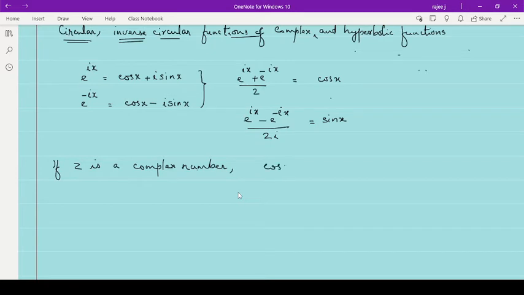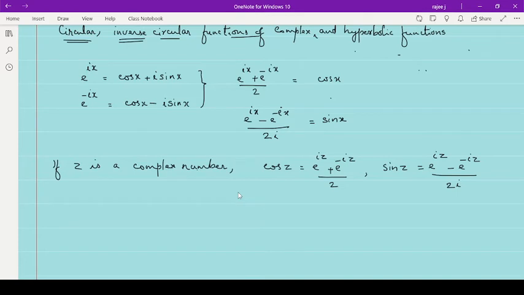Cos z is equal to e raised to iz plus e raised to minus iz divided by 2. Similarly, sin z is given by sin z is equal to e raised to iz minus e raised to minus iz upon 2i.